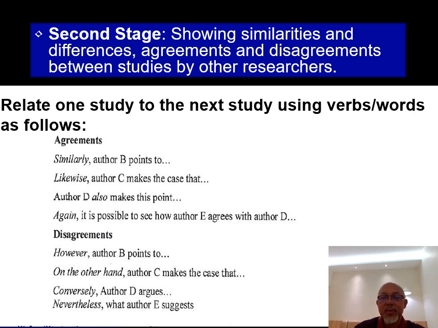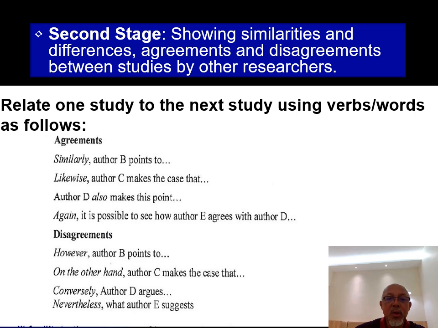If you just write the annotated bibliography, you just write this person did that, this person did that, this person did that. Okay, that's not enough. What we want to see is, where are their similarities? Where are their agreements? Where are their disagreements? Okay, so we want to see this, because these words show the thinking, the critical thinking part. If you do not have this, then you do not show your critical thinking part.